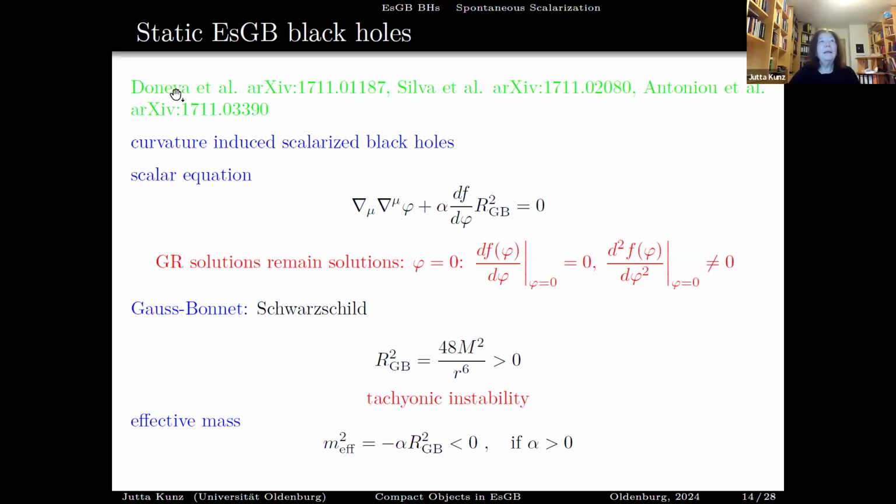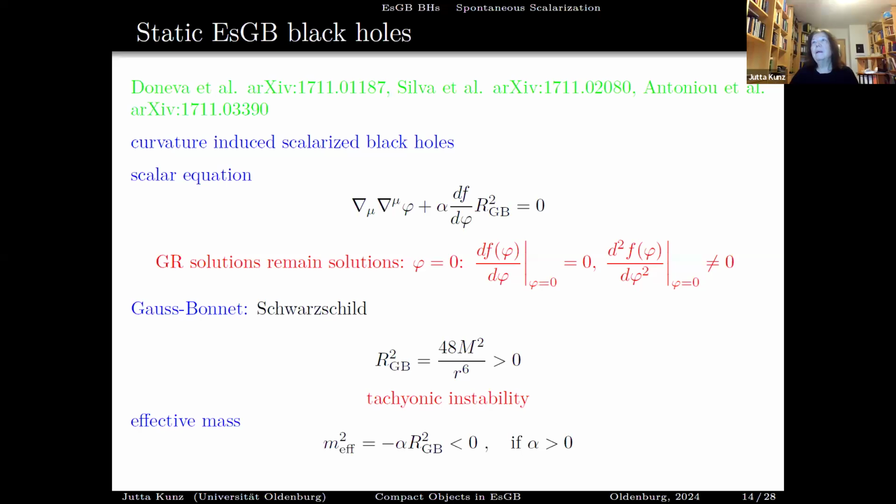It's kind of funny that after decades, at the same time, 3 groups discovered this. For neutron stars, this is what we call spontaneous scalarization. This arises because of the matter that is present in this very compact neutron star, and we say it's matter-induced spontaneous scalarization.